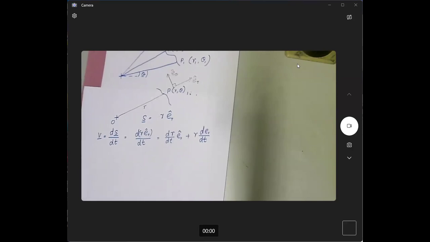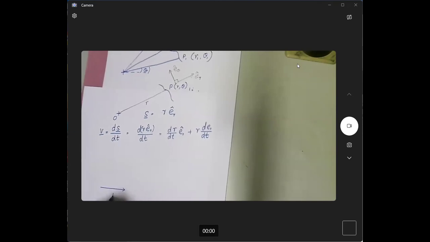So if I place Cartesian coordinates and the polar coordinates on the same system, in the x direction you have the unit vector called i, and in the y direction you have the unit vector called j. Now on top of this, I am going to mark the e_r vector. This is e_r and e_theta.